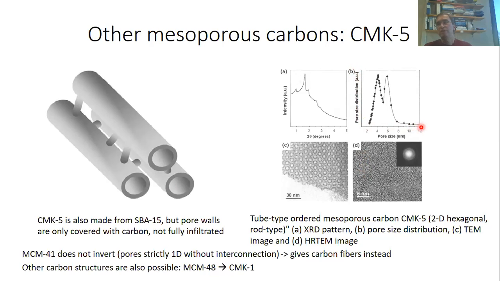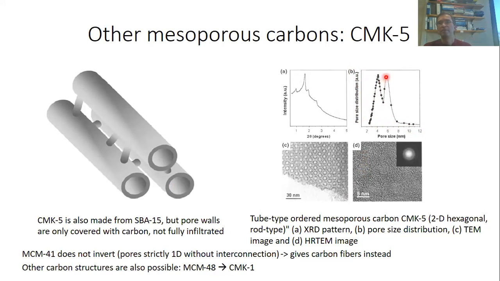Also, when you take a nitrogen adsorption isotherm and analyze the pore sizes from that isotherm, you see here the pore size distribution as a function of the pore size, and as you would expect, you have a bimodal pore size distribution indicated by these 2 peaks.